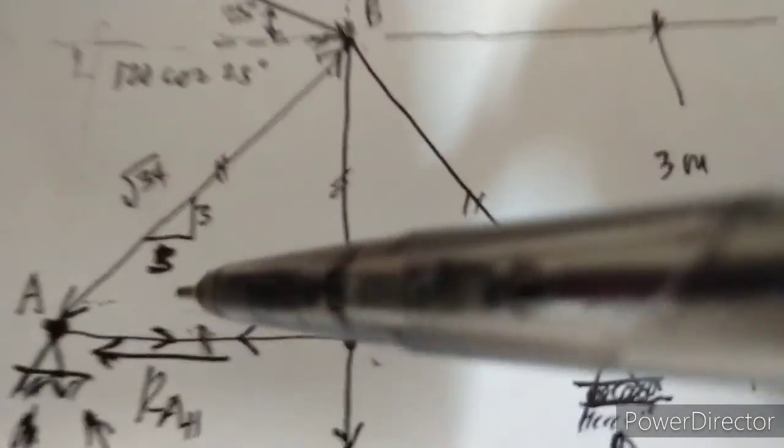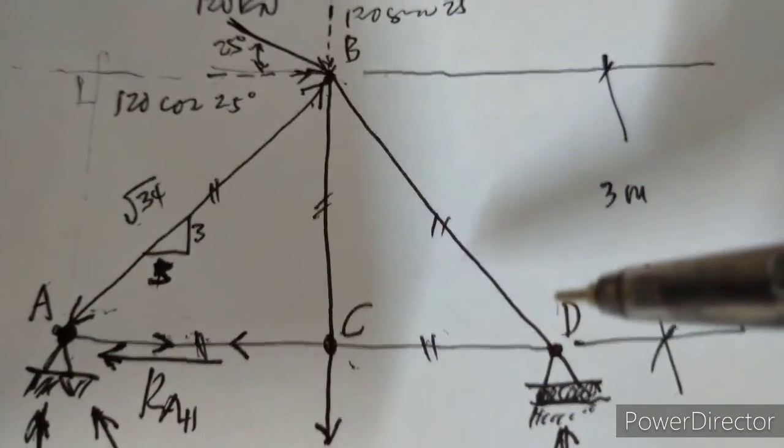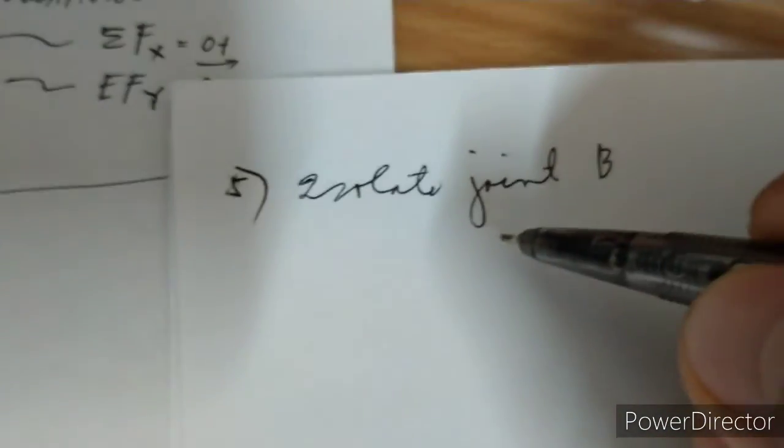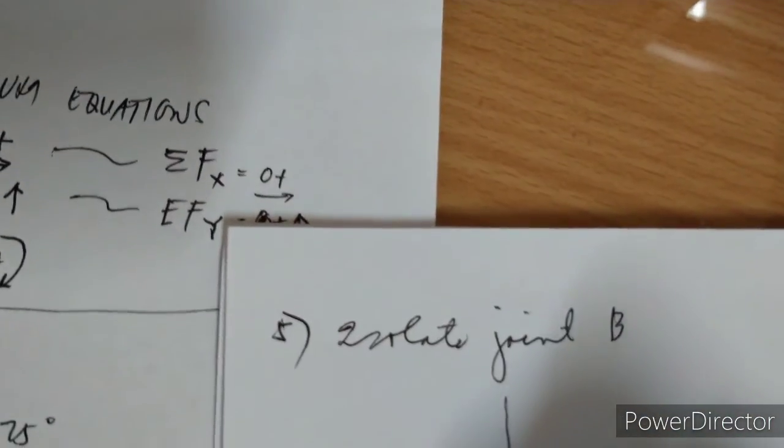So we have members AB, BC, and BD. The most important thing is that you should draw the rectangular, or Cartesian, coordinate system, your y and x, so that you have a guide.